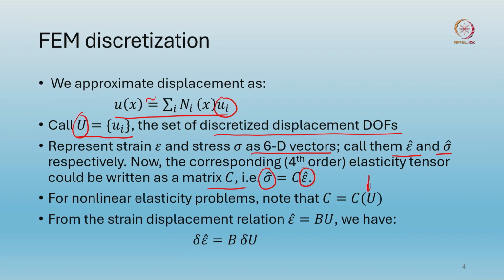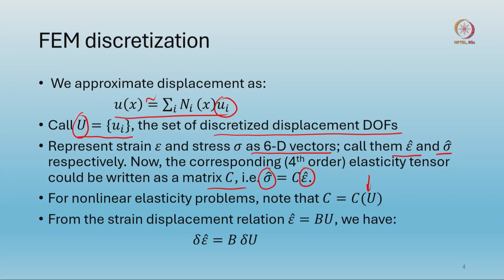discretized vector DOFs. The strain displacement relationship is very standard, because strain is a linear function of the displacement for small strain. It is the symmetric part of the gradient of U, correct.